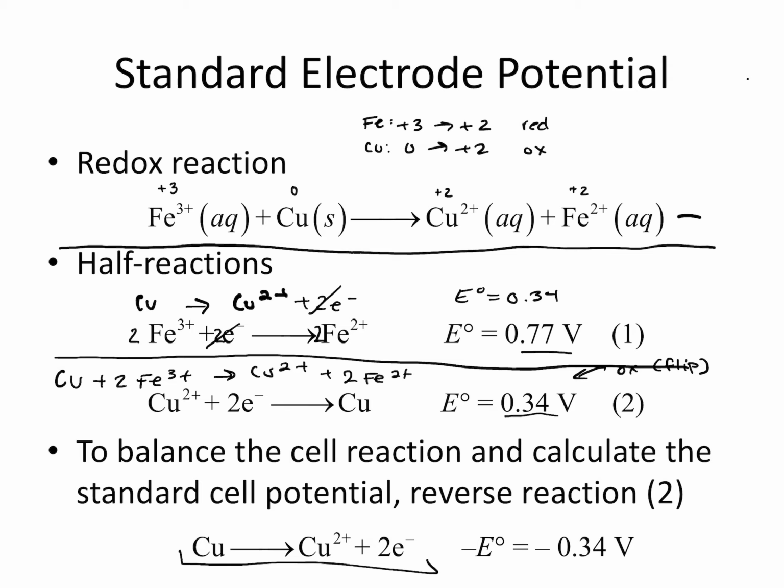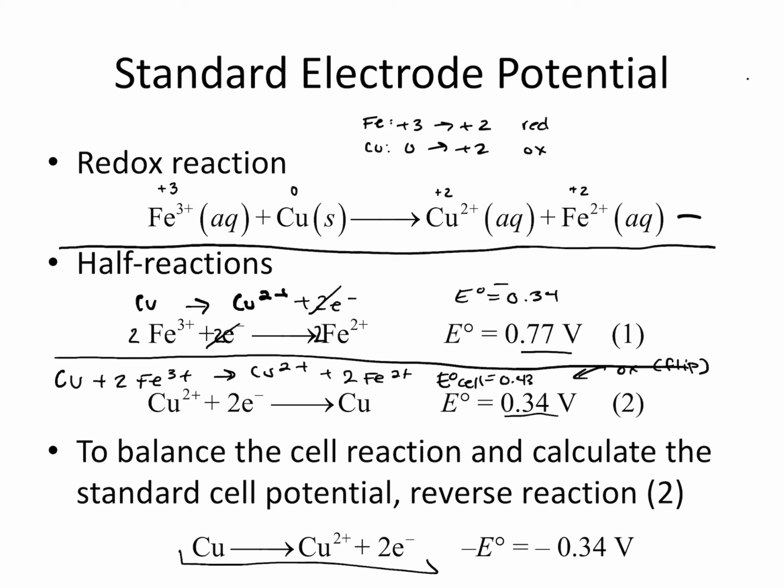And then you would sum up your equations, where you have to make this negative because you flipped the reaction. So negative 0.34 plus 0.77 gives you 0.43.